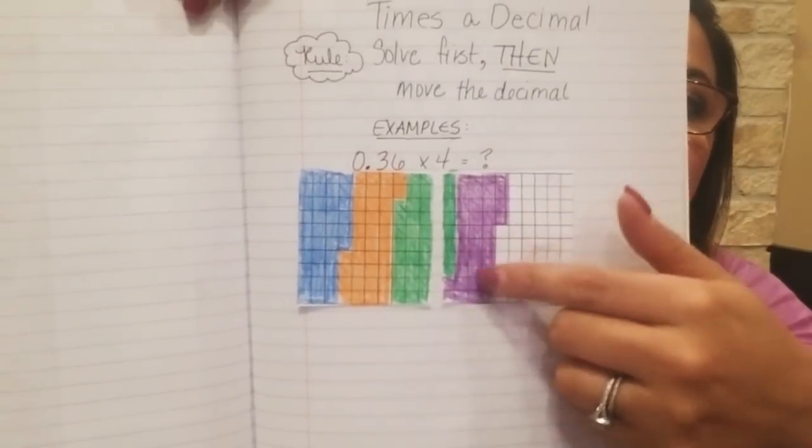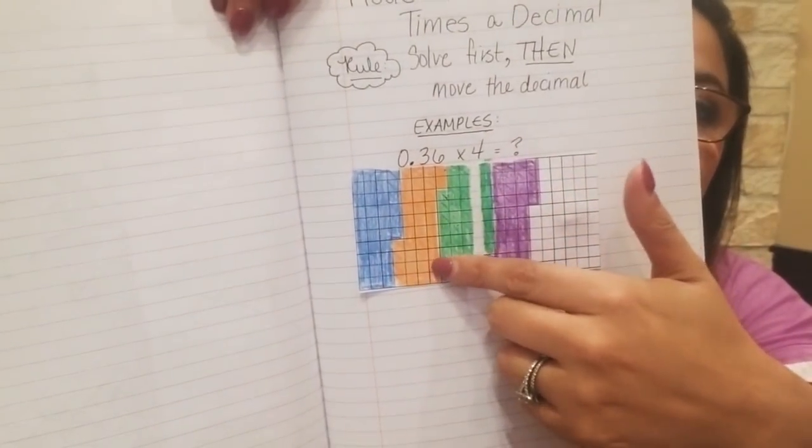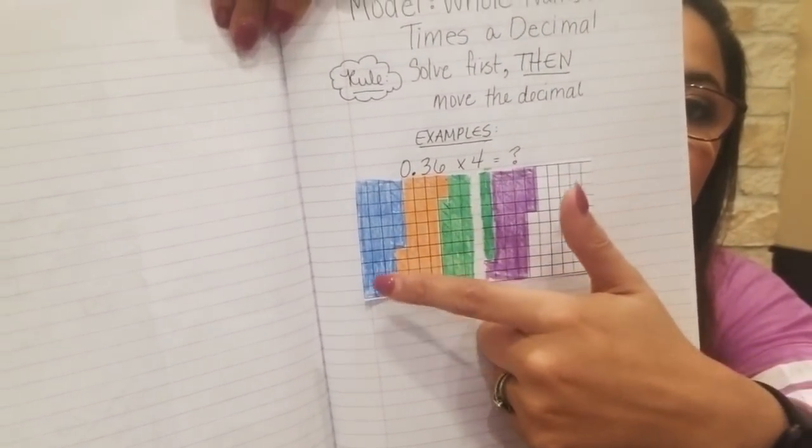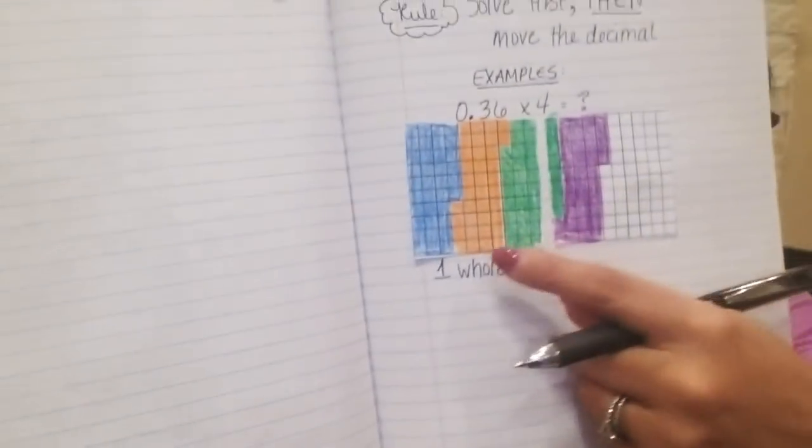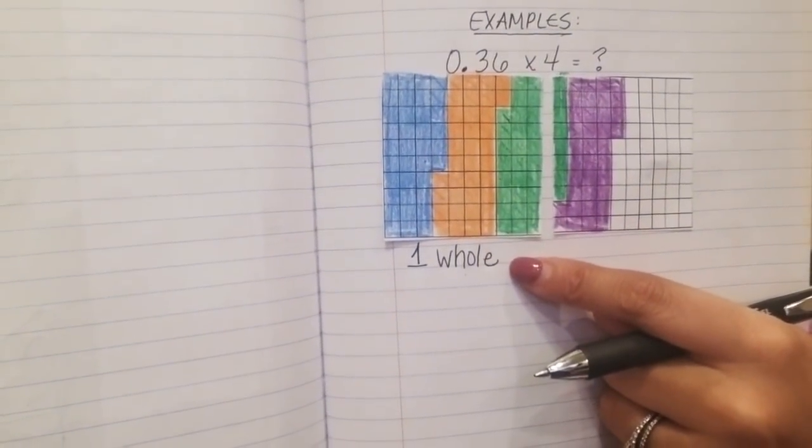So what happened here was when I shaded in the 36s on this block, the whole block got covered, right? So that's telling me that if that whole block is shaded, then it should be equal to 1 whole. So underneath that, I'm going to write 1 whole. Because again, the entire block got shaded, so it is equal to 1 whole.